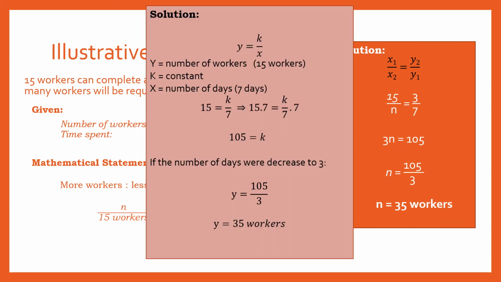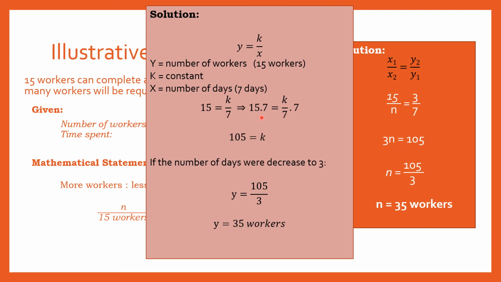Another way of solving the problem is by using this formula: y is equal to k over x. Let y be the number of workers, that is 15 workers from the given, and k is the constant, that is always the unknown, and x is the number of days, which is 7 days. Now let us substitute. y, which is 15, is equal to k over x, which is 7. That will lead us to multiply both sides by 7.